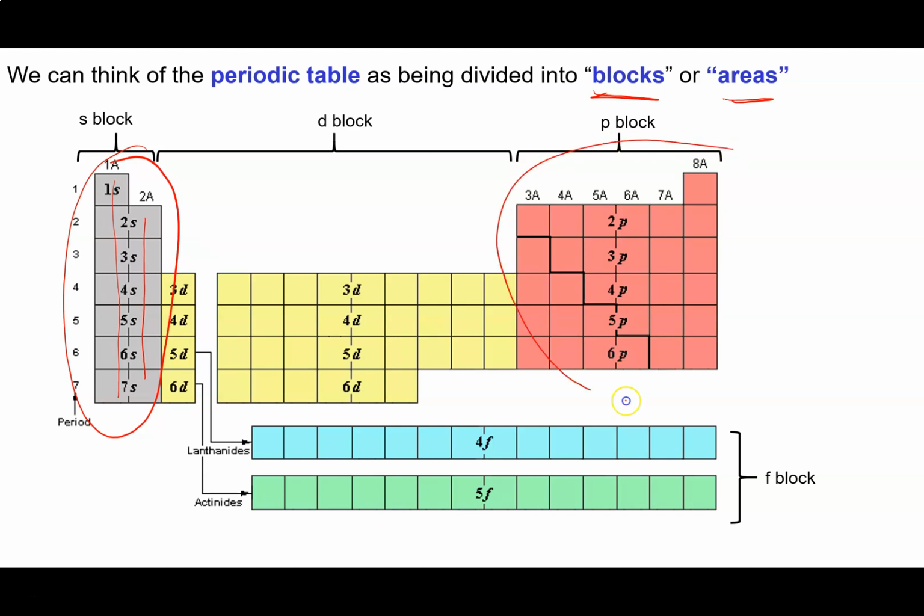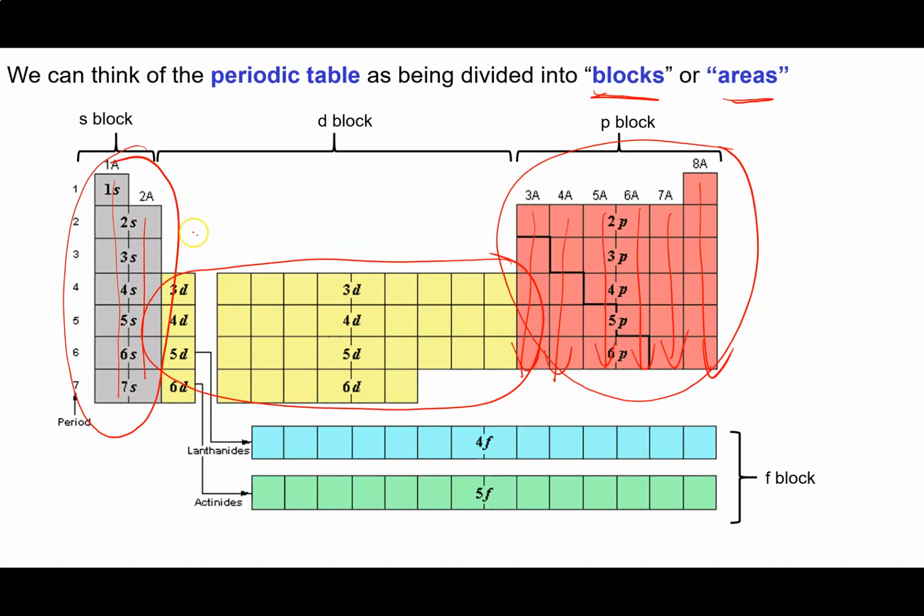Over on the far right, we have what we call the p block. And in the p block, you guessed it, any element there has an electron configuration ending p1, p2, p3, p4, p5, and p6. And similarly, across the middle of the periodic table, we're in the d block. All of these guys d1, all of these guys d2, all the way across.